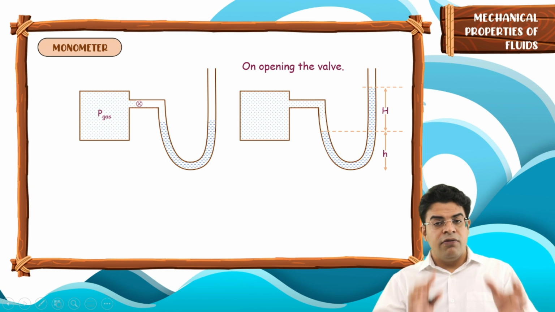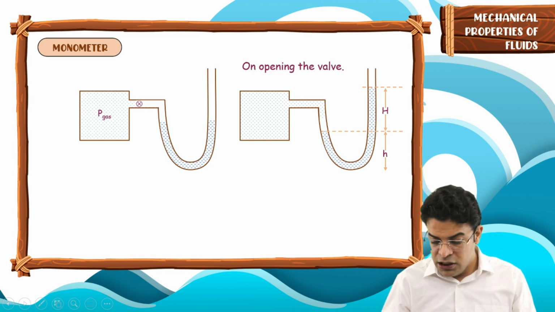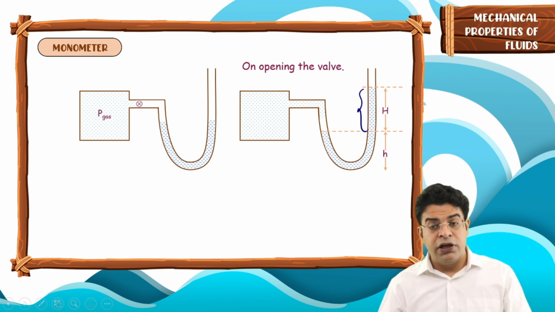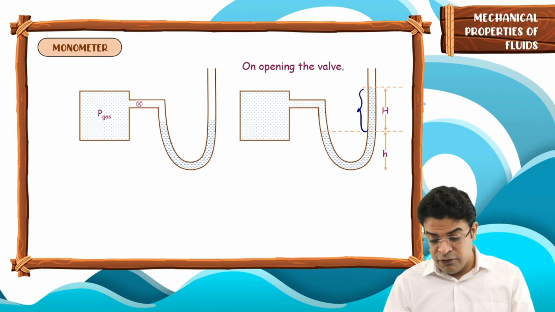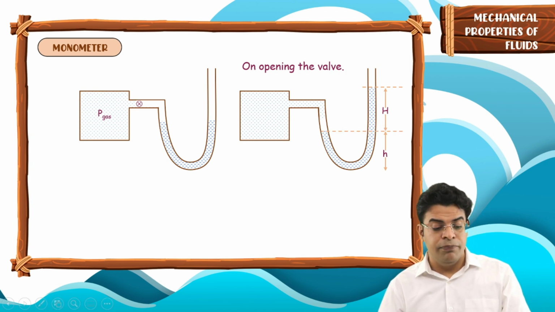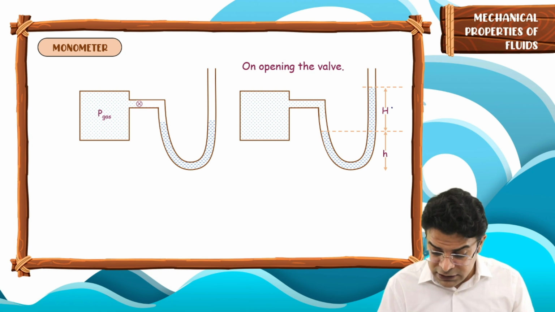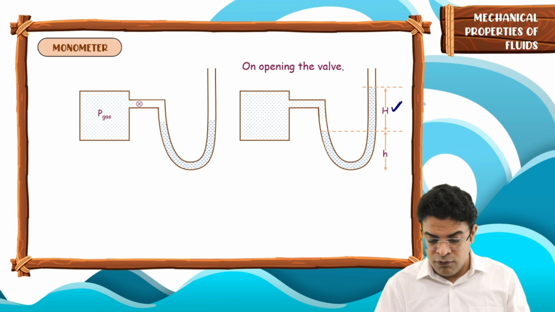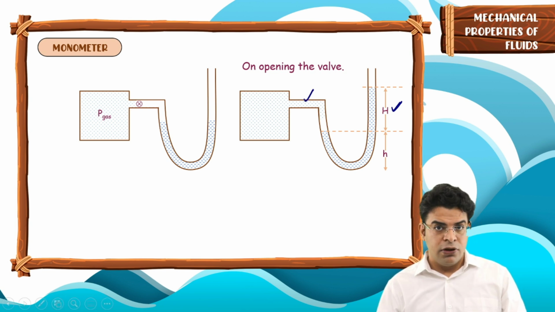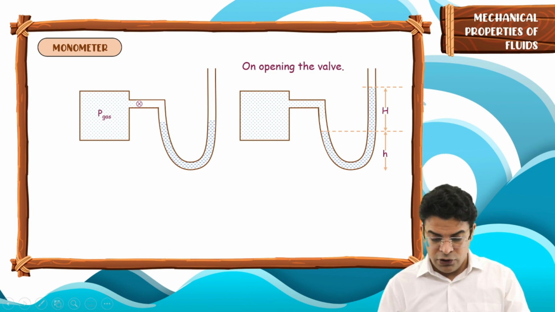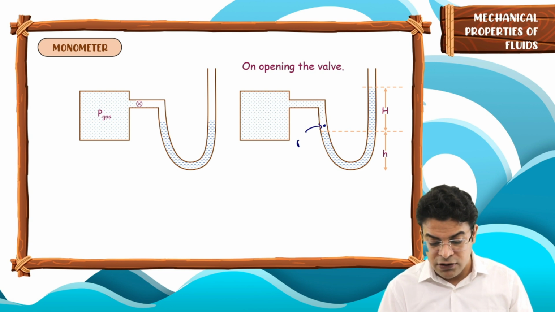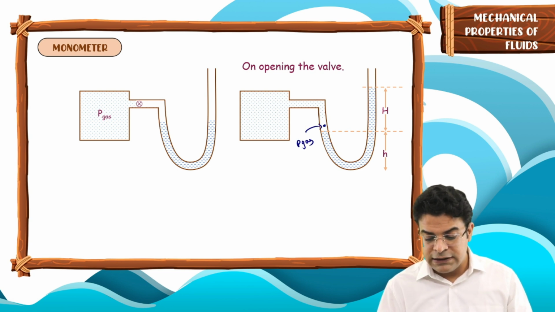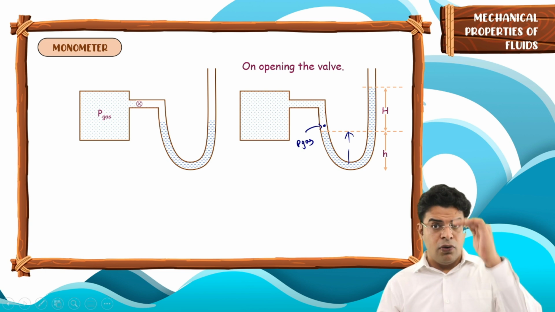Now let's say once the equilibrium is attained, the mercury level in the right arm is at a height h above the mercury level in the left arm. Knowing this reading of mercury level height, you can determine the pressure of the gas. How to write the equation? Easy. Here you will say the pressure is equal to the pressure of gas. Let's say this height of mercury below it is h.